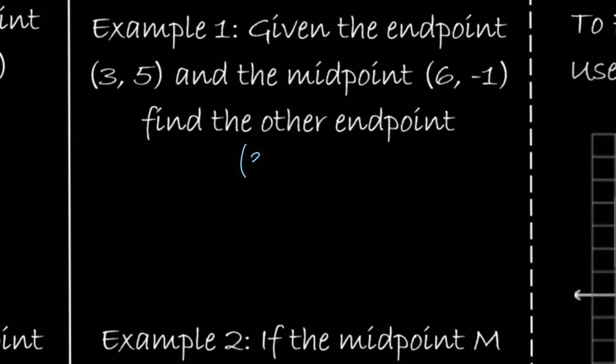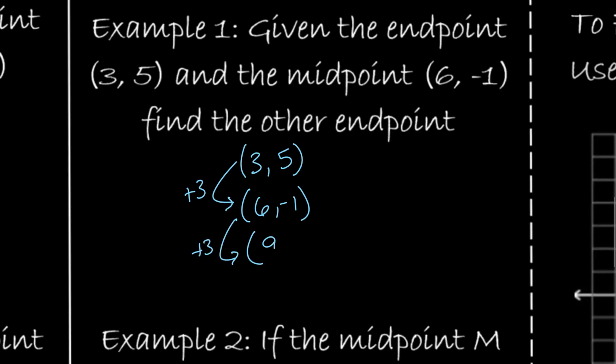Right, you put the endpoint of 3, 5 first, and then 6, -1 as your midpoint. And we added 3 to get to 6, so we do the same thing here. We add 3 to 6 and get 9. What do we do to 5 to get -1? -6. So -1 minus 6 is? That's our missing endpoint right there. That's our answer.